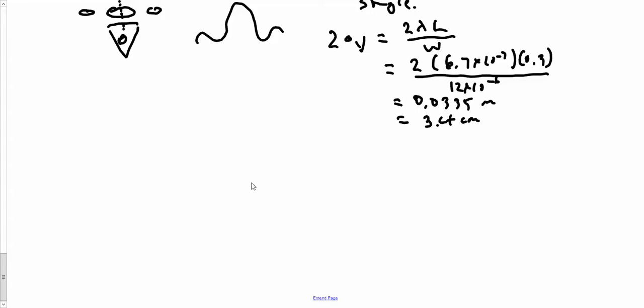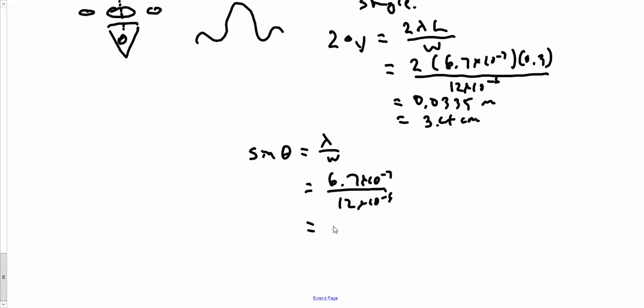Now I need it in degrees. So I'll use one of the formulas up above. Sine theta is equal to lambda over W. I plug all this into my calculator, and I'm going to get an angle of 3.2 degrees.